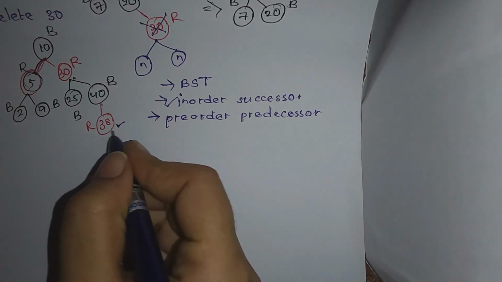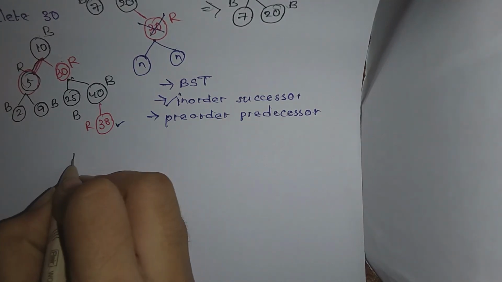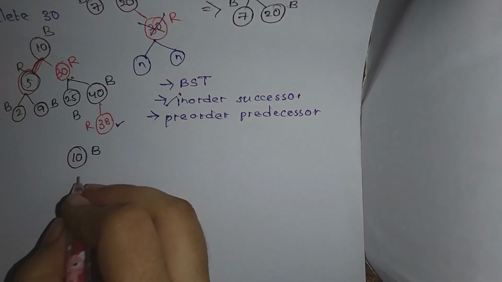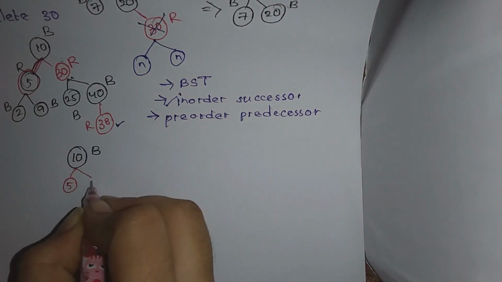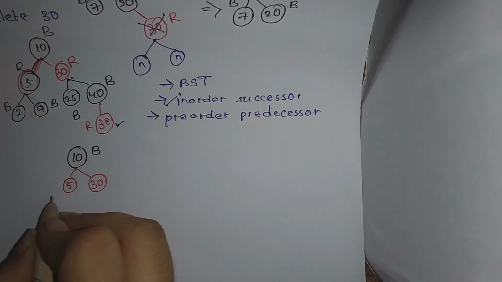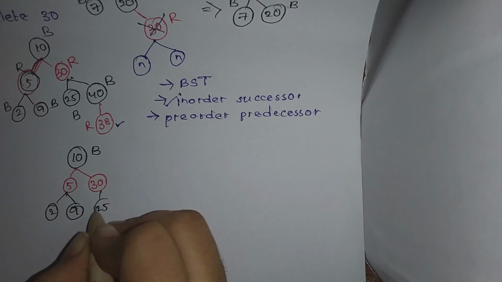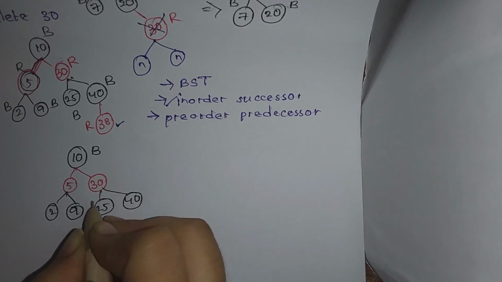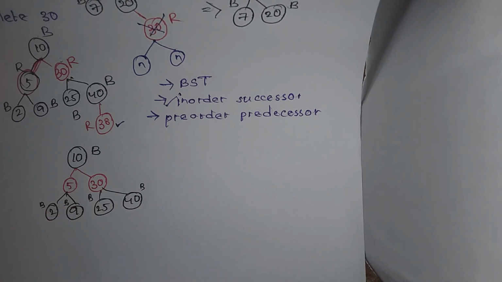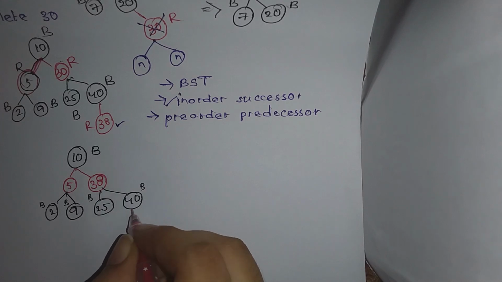Swapping the values doesn't change the color. We just swap the values. After swapping, this node becomes 38 and the other becomes 30.